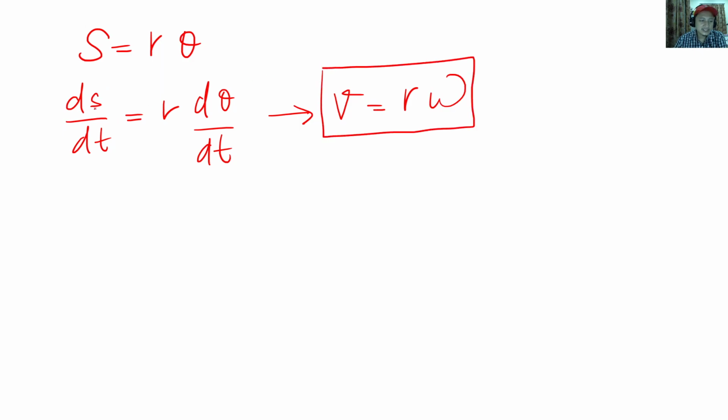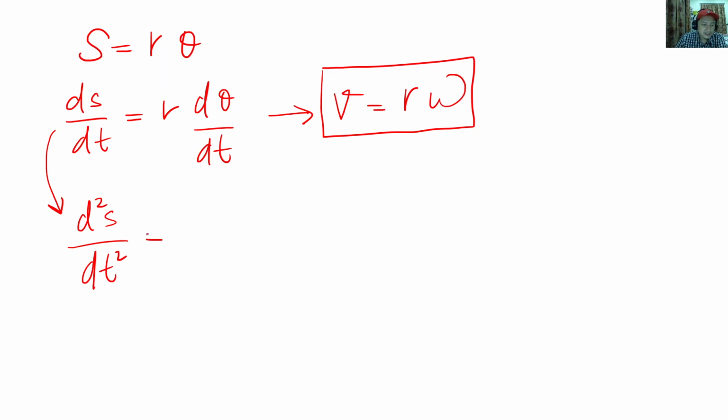Because ds over dt is your velocity, d theta over dt is your angular velocity. So what happens if you differentiate this again? You're going to get d2s over dt squared, right? Or it's also equivalent to acceleration.